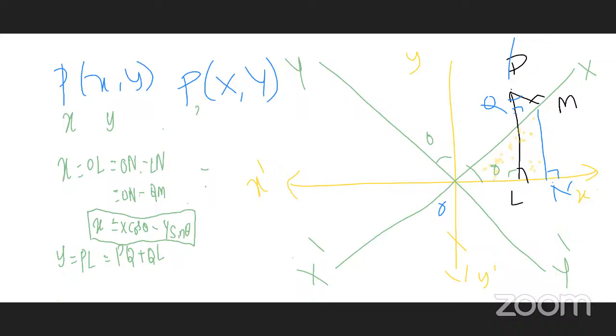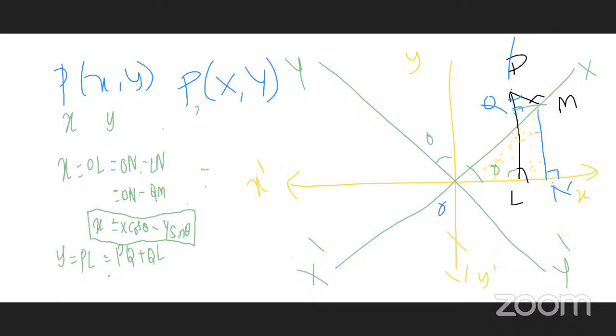QL is nothing but MN. Correct now? Yes, sir. See here, the line is cutting here, so both are the same length. So QL is equal to MN.